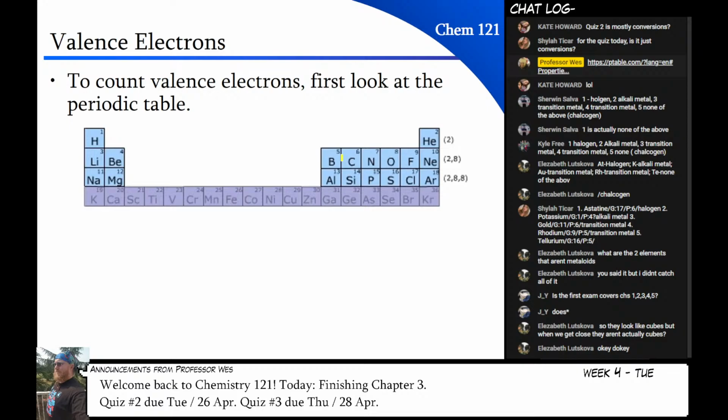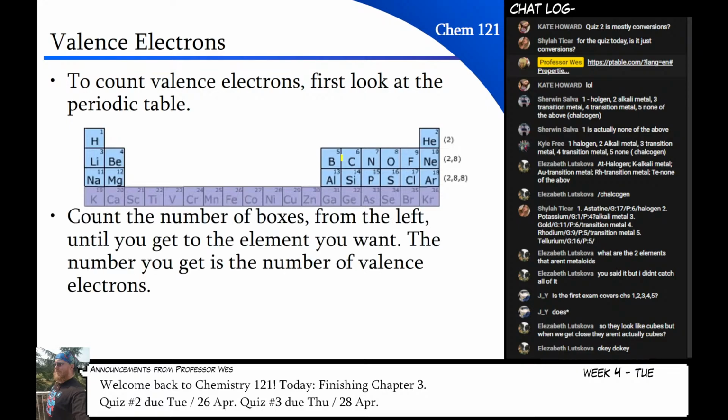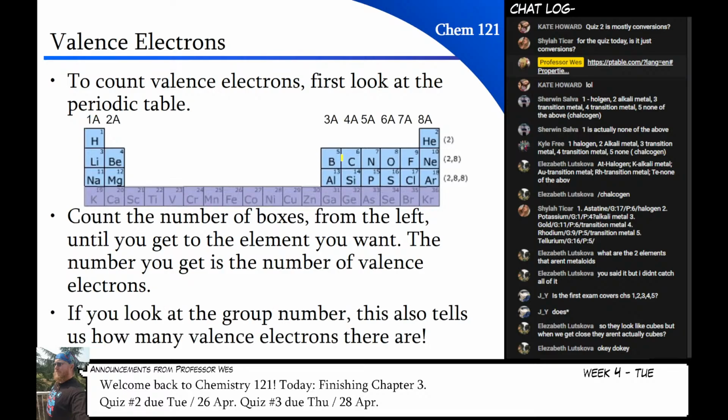Now, if you go to the periodic table and you look at the group number, it will tell you how many valence electrons there are for a given element if you're looking at this A notation. Now, unfortunately, we said that the A notation is Garbo now.